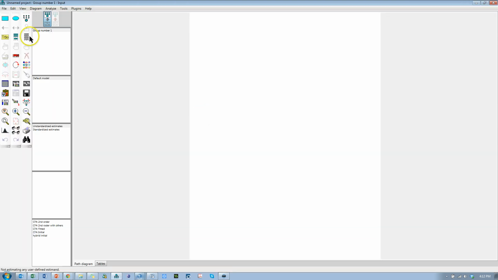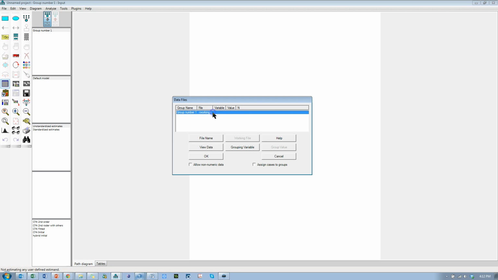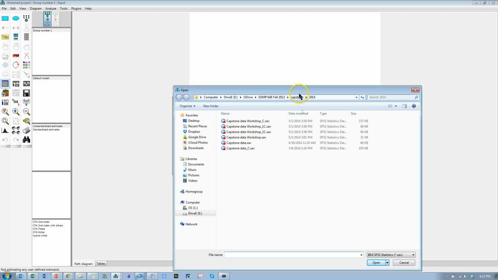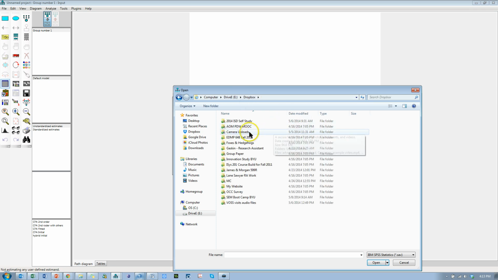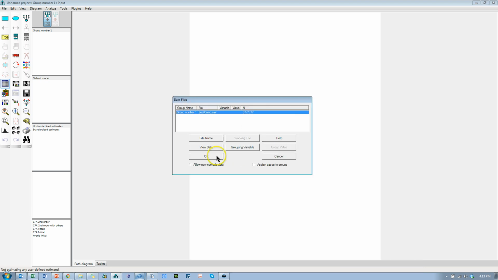Okay, here we go. This is saved. Excellent. I'm going to include my data: File, Data Files, go find that data by double-clicking group number 1, and go to, oh, not Google Drive, Dropbox. Wherever you put yours, don't use mine. Data, bootcamp, and OK. And it says you have 377 sample size.